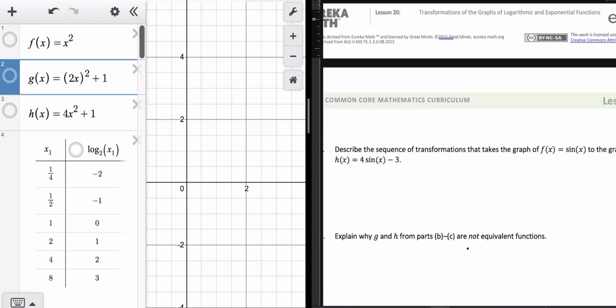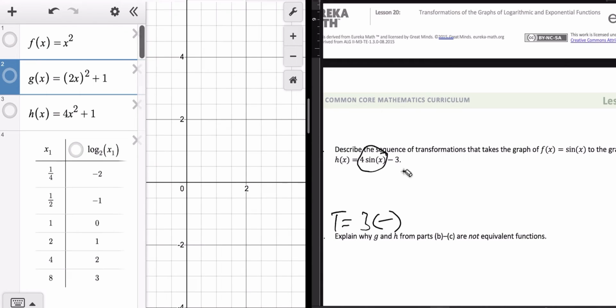Now, let's just go ahead and get this out of the way. This is the same thing, right? Translation 3 down. Okay, 3 down.